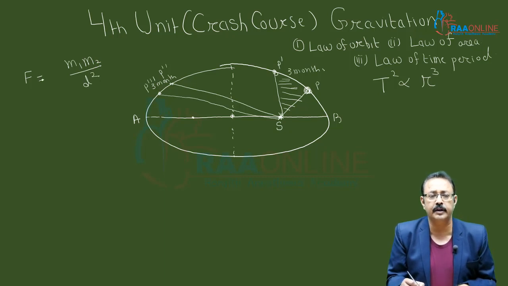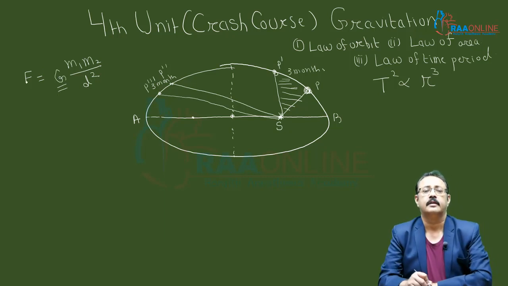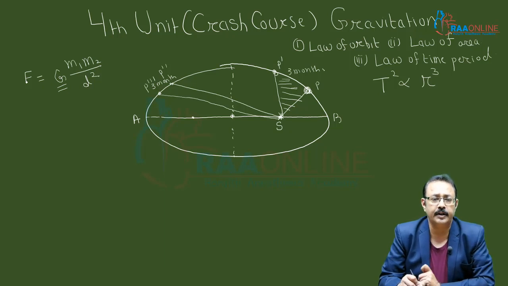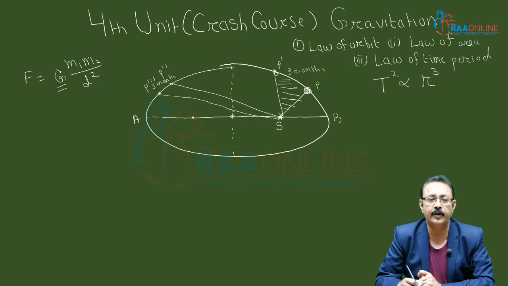When we remove the proportionality sign, we get one constant which is known as the universal gravitational constant. It means for the whole universe, its value is constant.